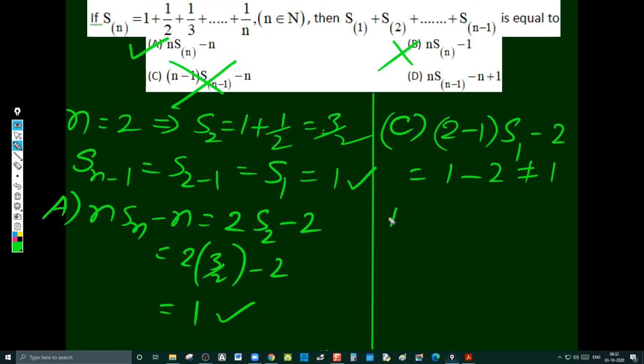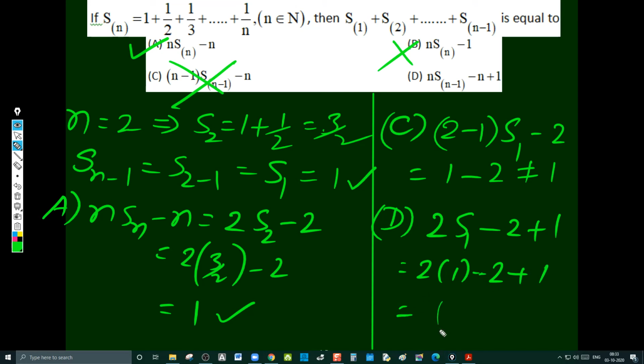But coming to D, nSn minus 1 is 2 S1 minus 2 plus 1, that is 2 into 1 minus 2 plus 1, which cancels to 1, because S1 is 1 here.